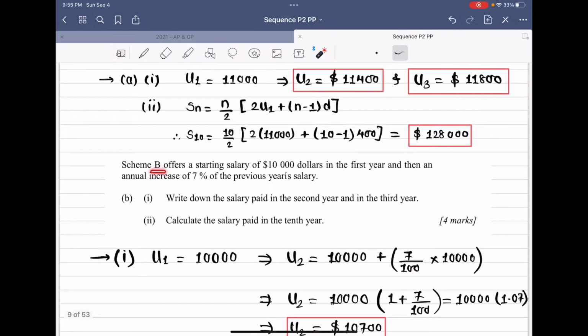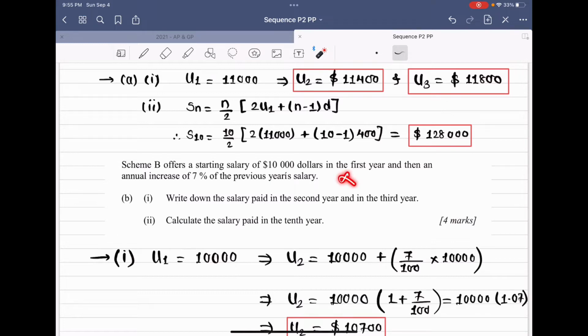Scheme B offers a starting salary of $10,000 in the first year and then an annual increase of 7% of the previous year's salary. Now this is clearly a geometric progression because they are calculating the next year's salary by considering the 7% increase of the previous year's salary. How do I know that?